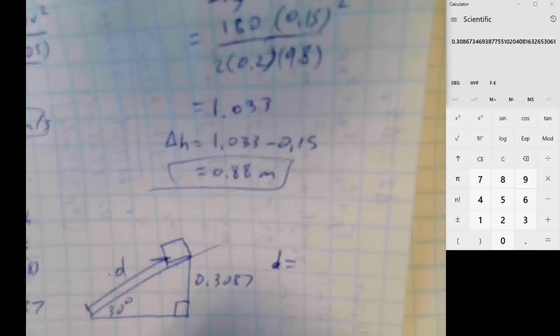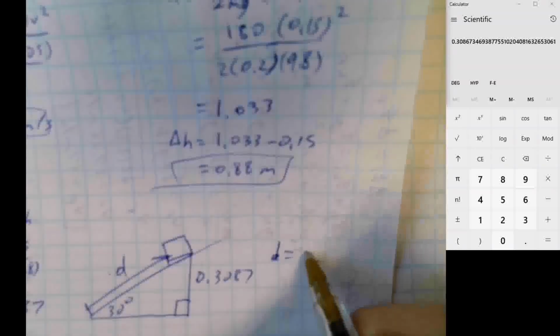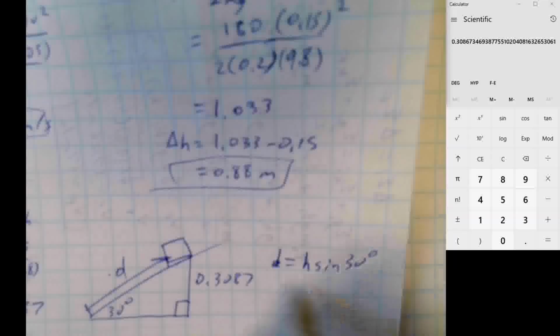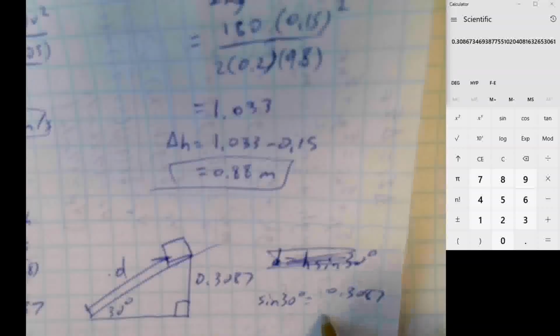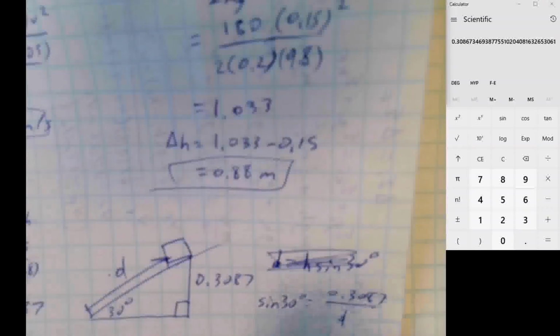So using trigonometry, sine of 30 degrees equals 0.3087 over d.